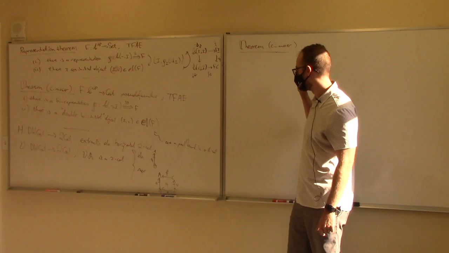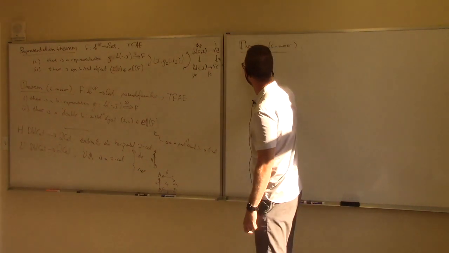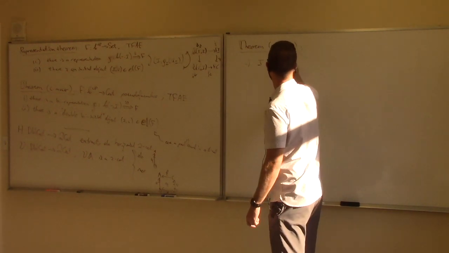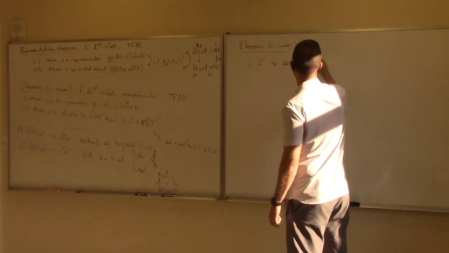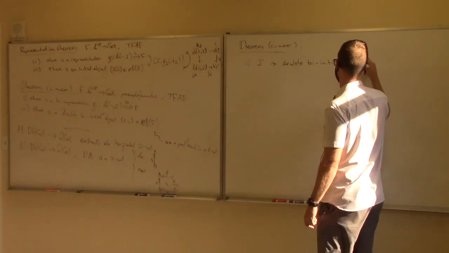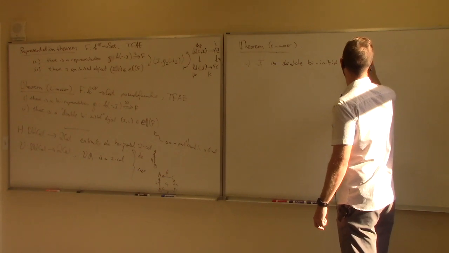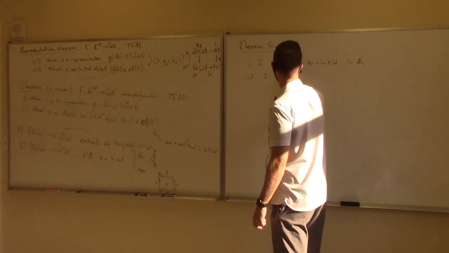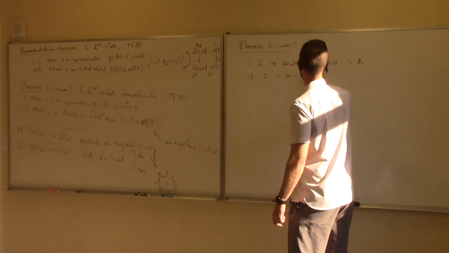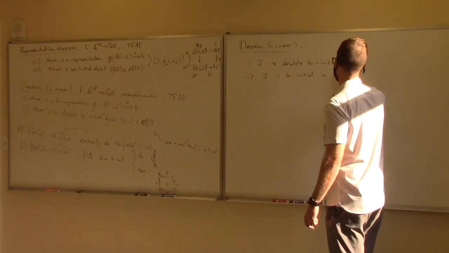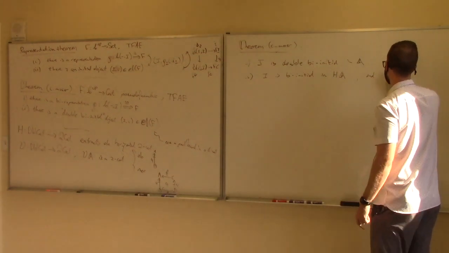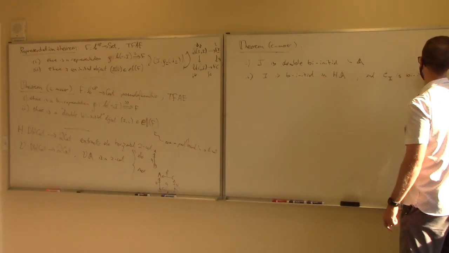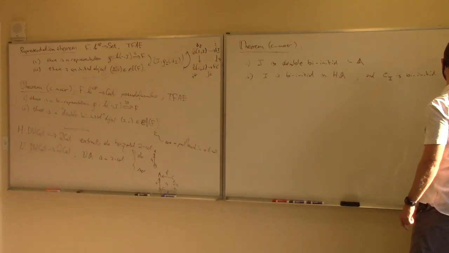So we managed to show this thing, that if we have an object that is double bi-initial, which I haven't told you what it means, this is the same thing as I is bi-initial in the horizontal one, but not alone, and the vertical identity on I is bi-initial in V of A.